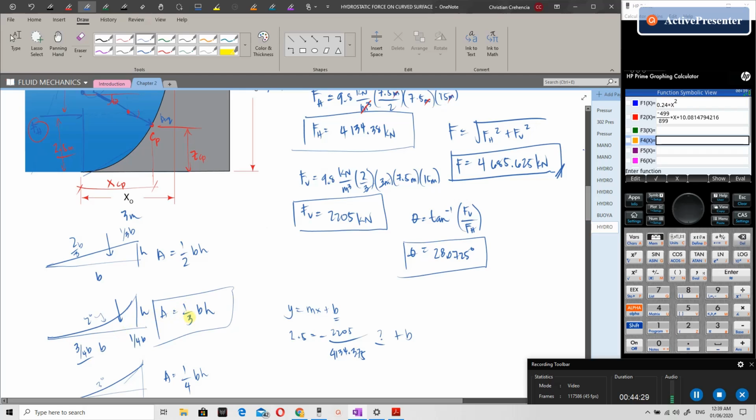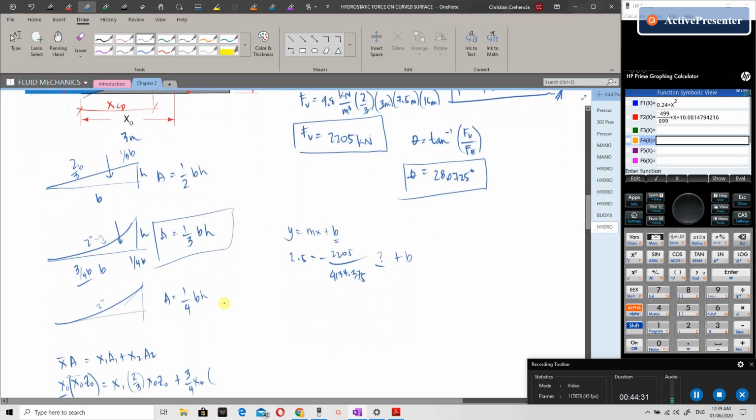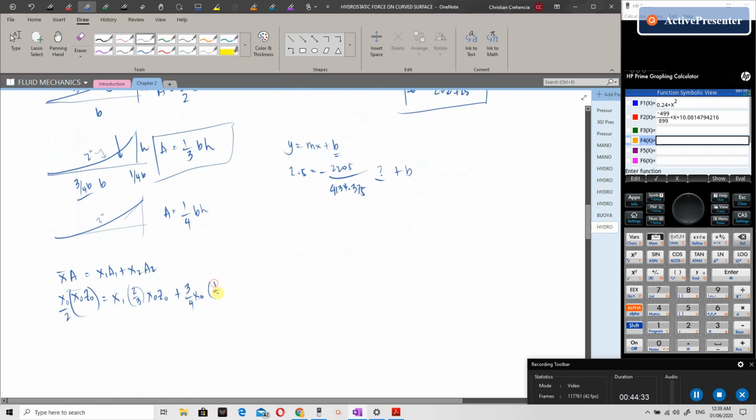So that is 1/3 ng B times H. 1/3 ng B natin is XO. Height natin is Z sub O. So lahat merong XO. Tigis ang XO. Alisin ko to. XO.